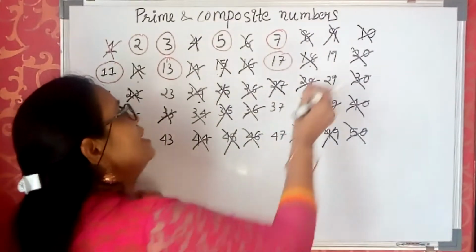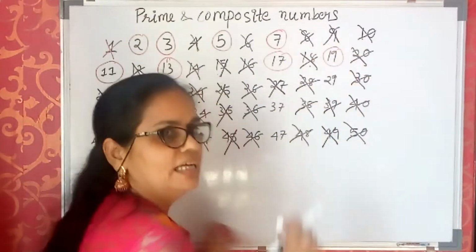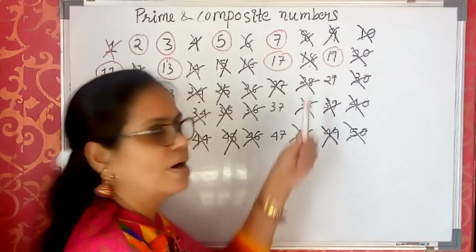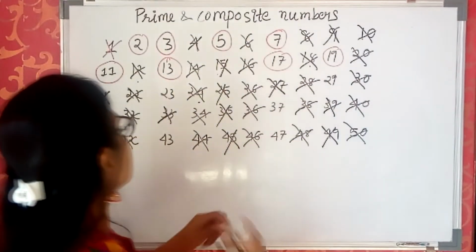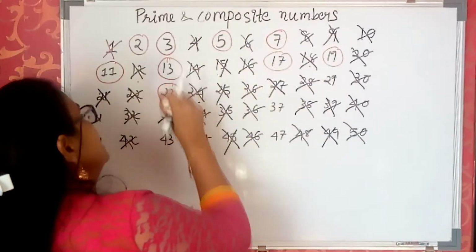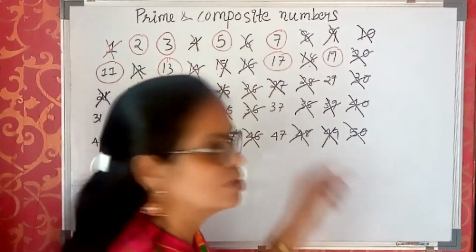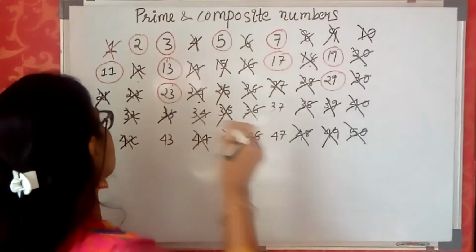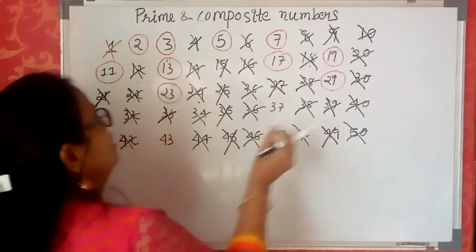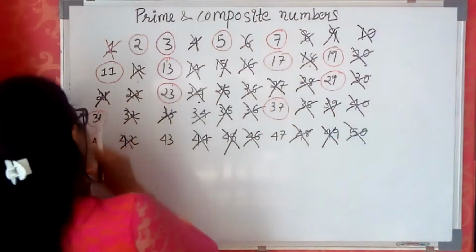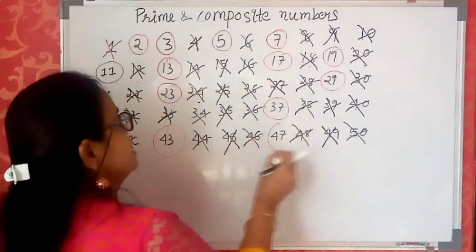Right? The same way, encircle the number 19 and cross out the multiples of 19. Same way 23: encircle, cross out the multiples of 23. Then same way 31, 37, 41, 43, 47.